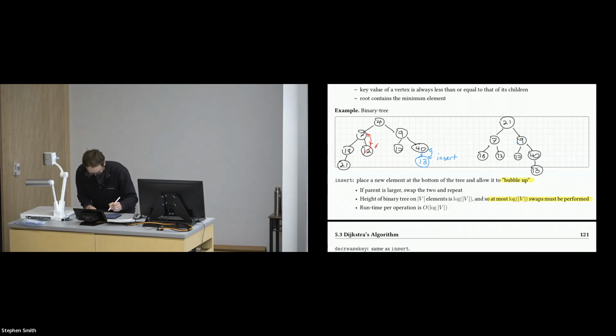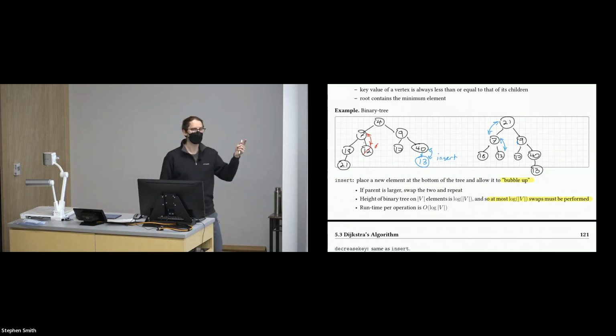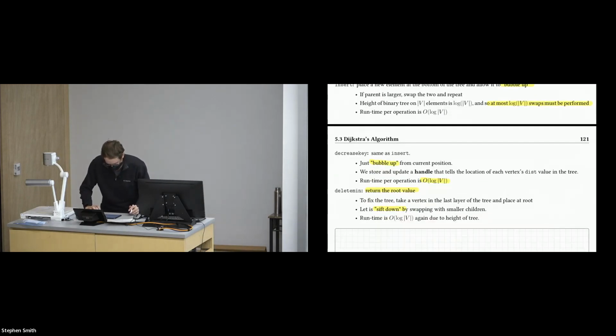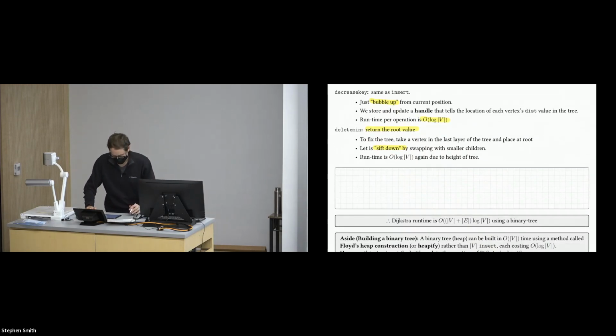So I should have actually gone down the other side. Like that. So you should swap with the smaller child, you're right. It said that in the text, but I didn't do it.